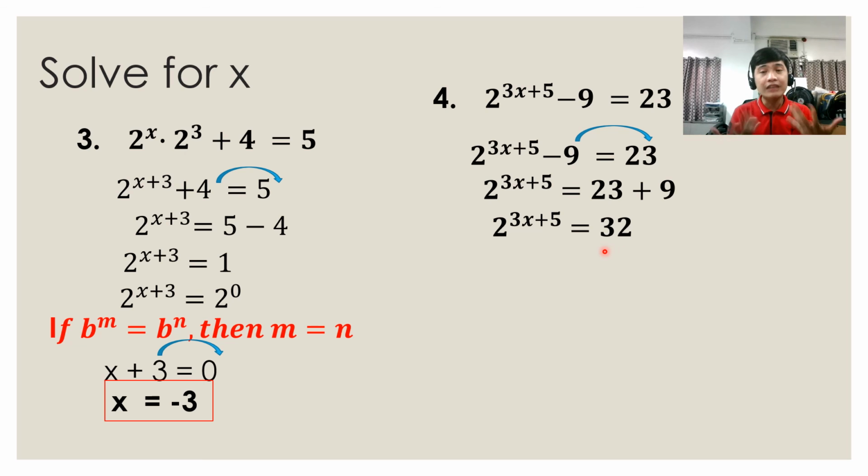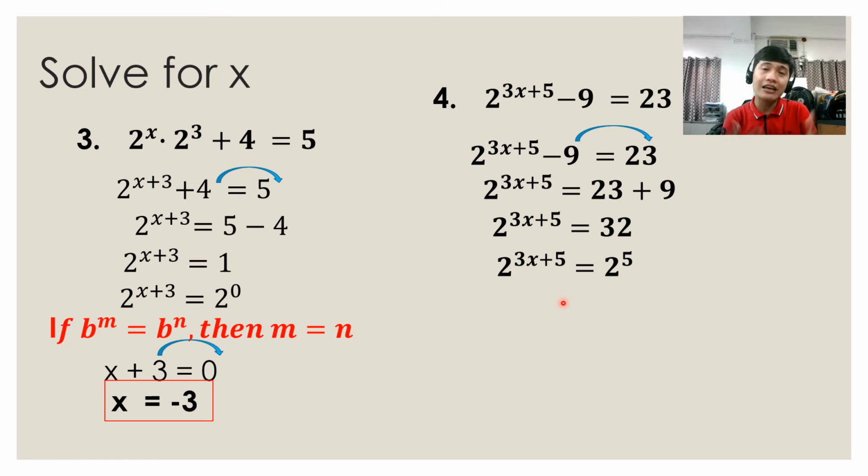Now, again, our intention now for us to solve a given exponential equation is that we need to make their base similar. So, if this is base of 2, our intention now is to make 32 a base of 2. Kung i-review po natin yung ating mga naunang example, ang 32 ay pwede rin nating sabihin 2 raised to 5. So in this case, then yung bago nating equation is 2 raised to 3x plus 5 equals 2 raised to 5.